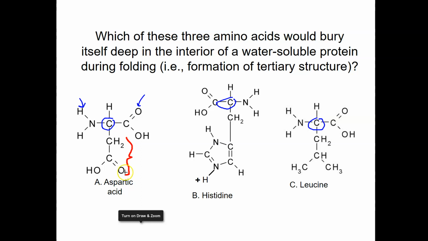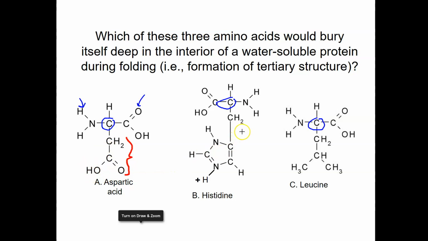You should immediately recognize that we are looking at a difference in electronegativity between the carbon and the oxygen, so this aspartic acid would actually be polar, and it's going to be polar and actually charged. So at physiological pH, this hydrogen would be lost, and we'd be increasing the H+ concentration of the surrounding environment, and this would be charged.